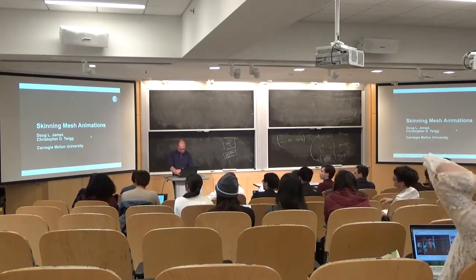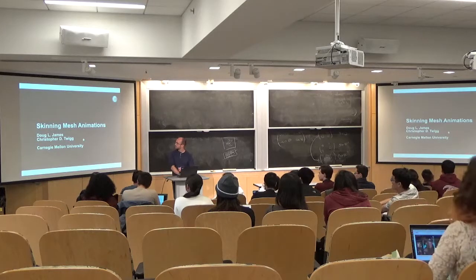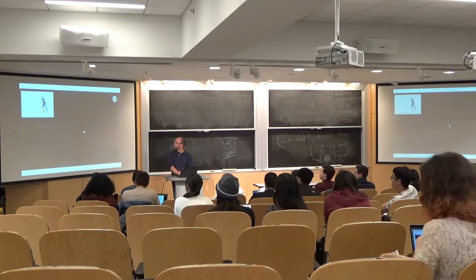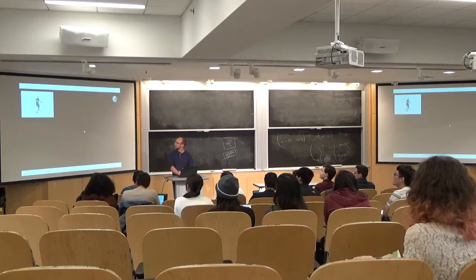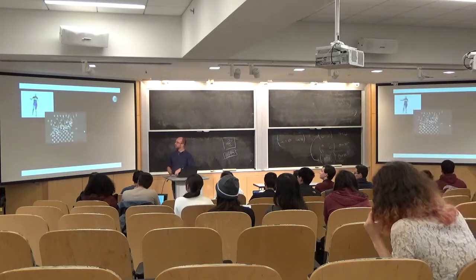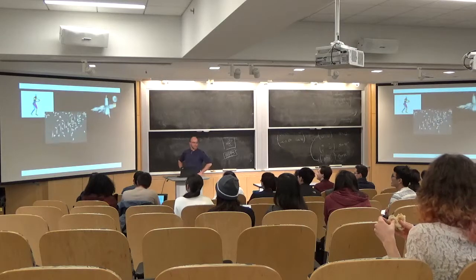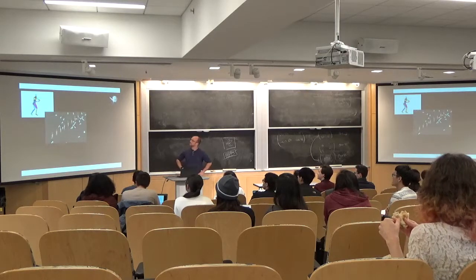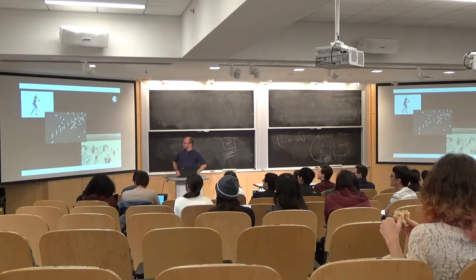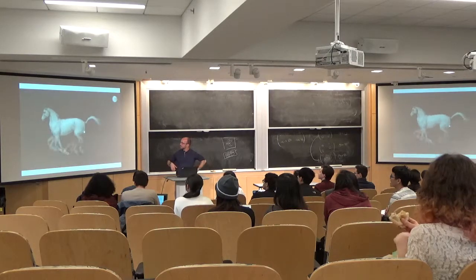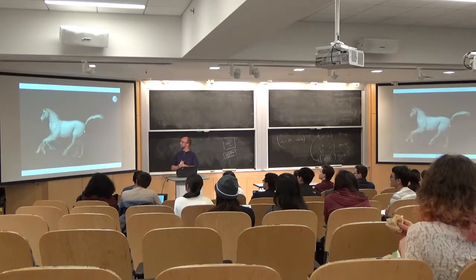So this is one of the classic ones that's up on YouTube. Right. So I think the basic idea here is you have some examples of different motions. And then you can animate all kinds of objects moving, with roughly the same motion.